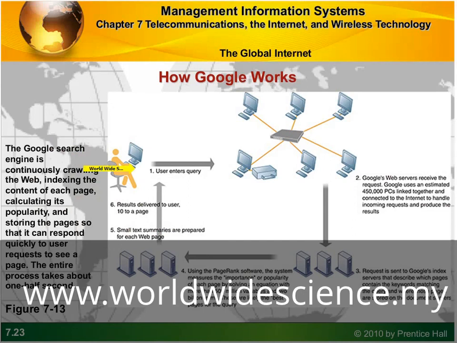This process starts from here. The user enters a query, and in the second step, Google Web servers receive this request, and Google uses 450,000 PCs linked together and connected to the internet to handle incoming requests and process the result.